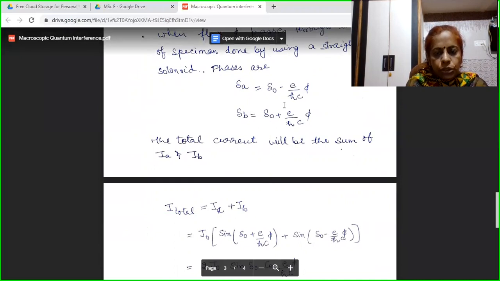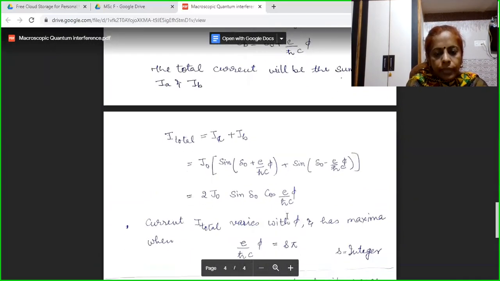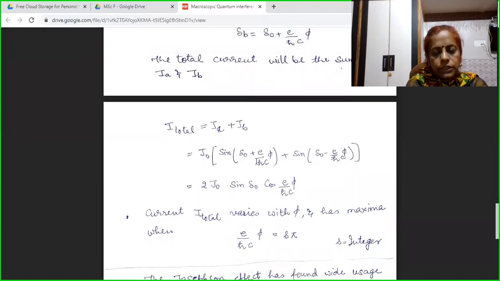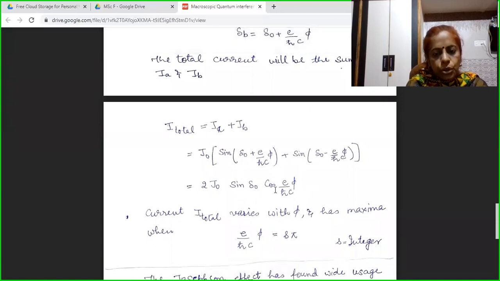Since we know the phase of A and B junction, we can write J0 sine (delta 0 plus e phi upon h cross c) plus sine (delta 0 minus e phi upon h cross c). Solving this, we get 2J0 sine delta 0 cos (e phi upon h cross c). This is the total output current.